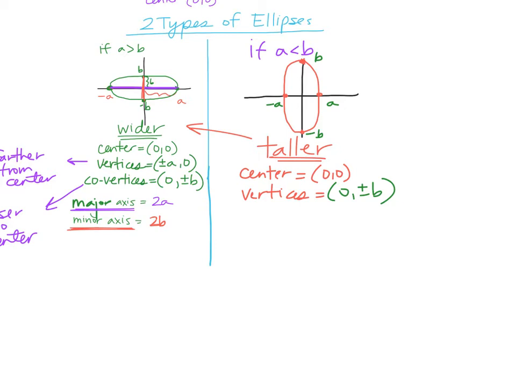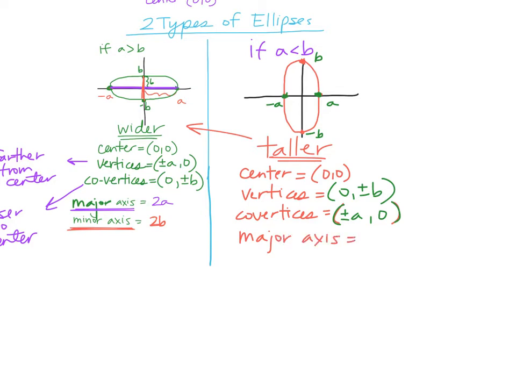And then our co-vertices, those ones are going to involve our A. So that'll be plus or minus A, 0, right? Because that's what gives you these two points, negative A, 0 and positive A, 0. Then we need the major axis.